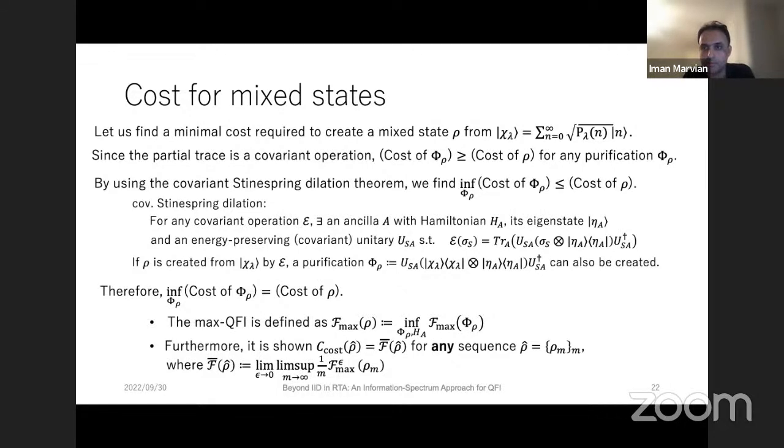I guess I'm confused about why you define the cost in terms of purification. Why don't you take the standard definition in terms of the rate of interconversion from pure states to the mixed state rho?